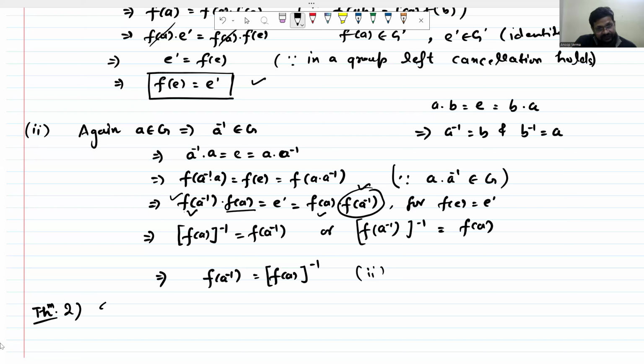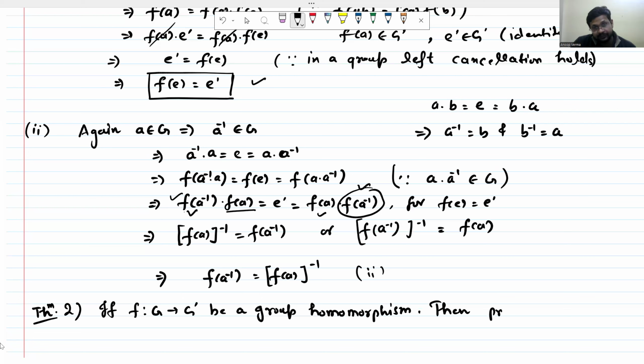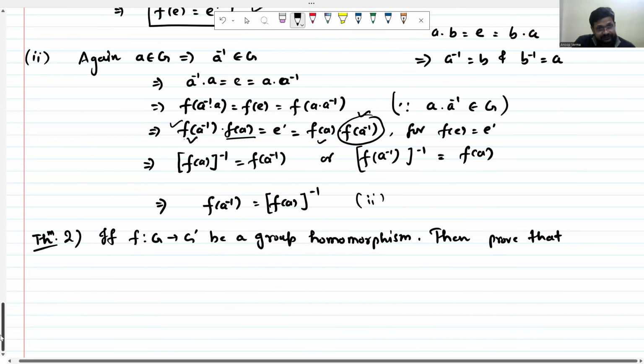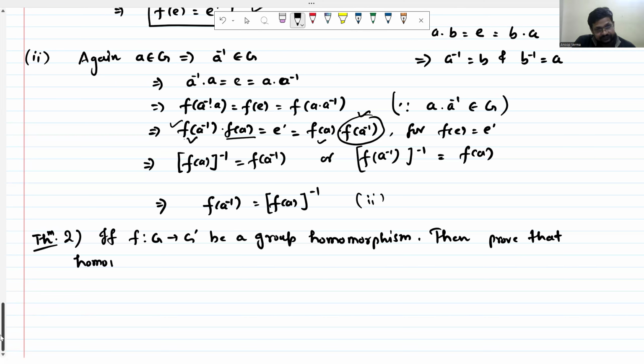You just prove it by yourself. If F from G to G dash is a group homomorphism, then prove that the homomorphic image F(G) of G is a subgroup of G dash.